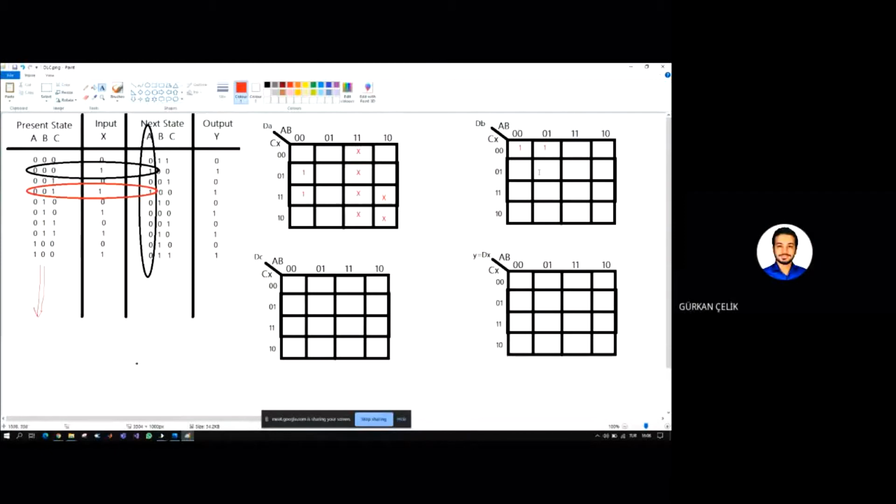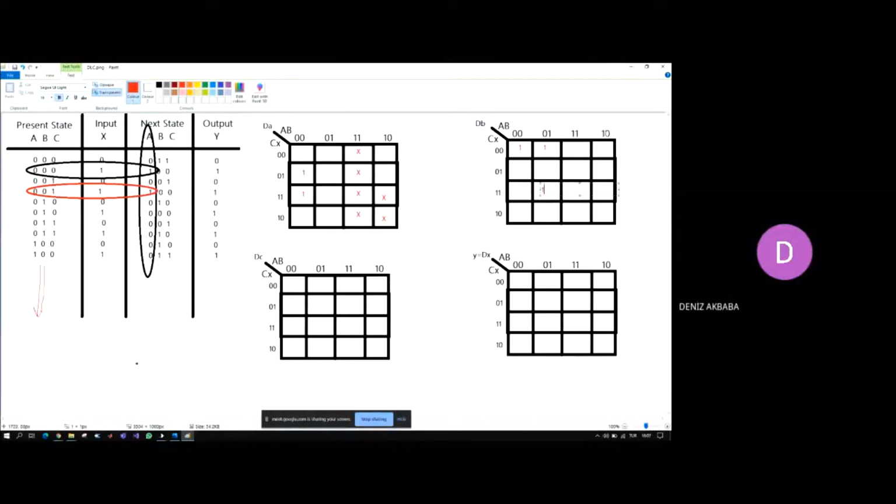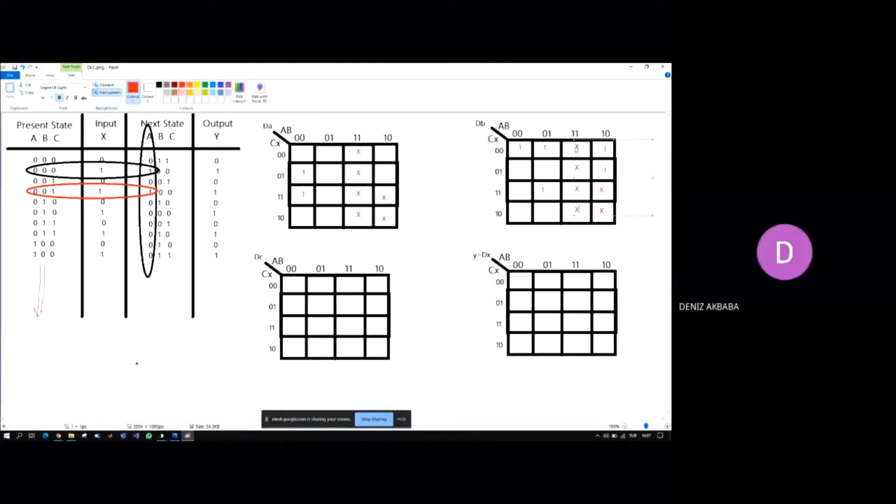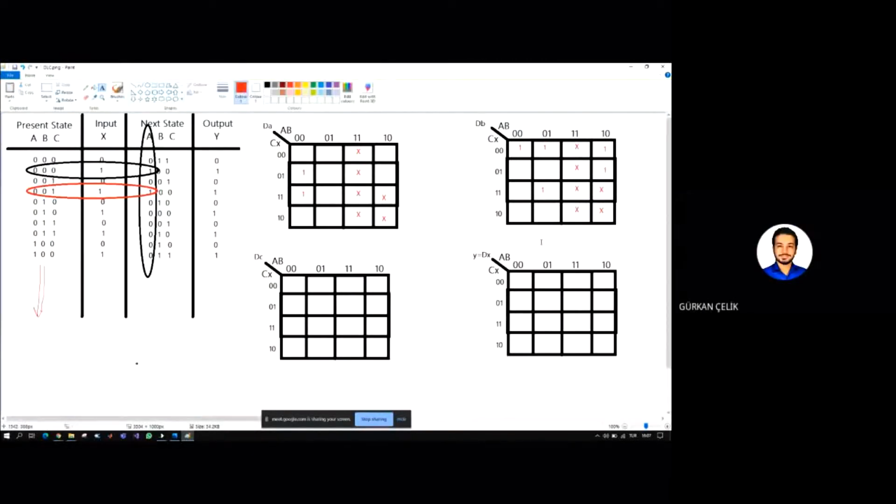So we have 1, 0, 1, 0, 0, and 0, 1, 0, 1, and 0, 0. Again, the don't care parts should be filled from here: X, X, X, X, X, and X. This Karnaugh map is also ready for DB.